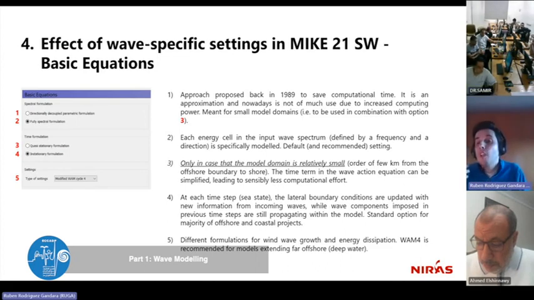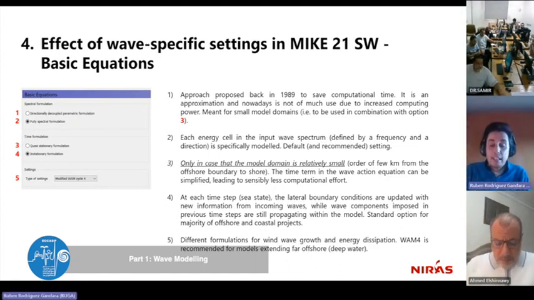And your model will run way faster without compromising the results. But as I said, this is only applicable if you are modeling a small area. If you are modeling a big area that entails going offshore something like 50 or 100 kilometers, then this approach is not advisable.